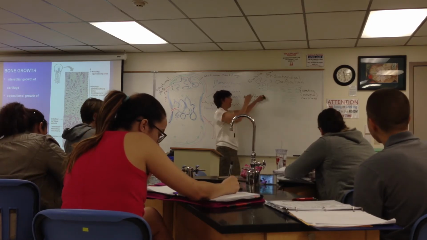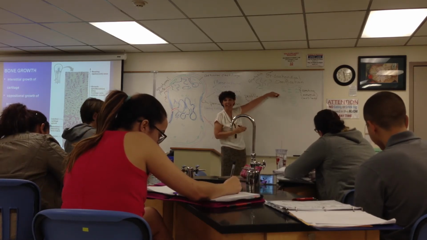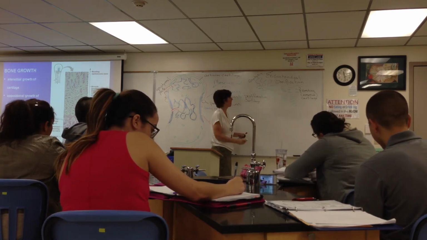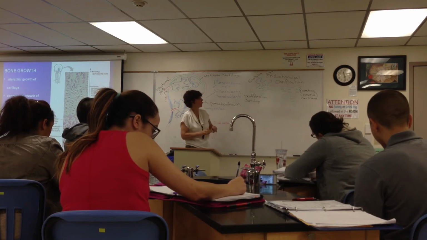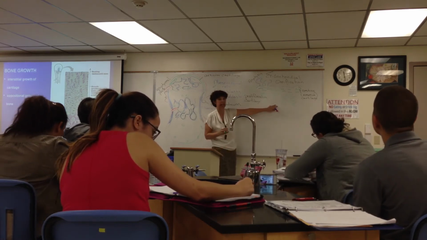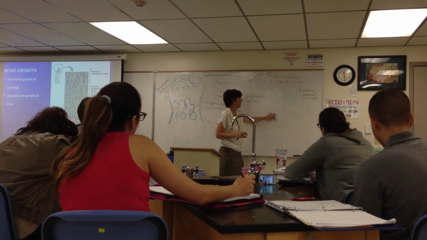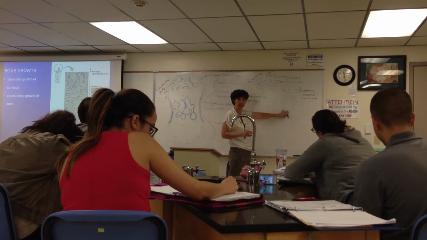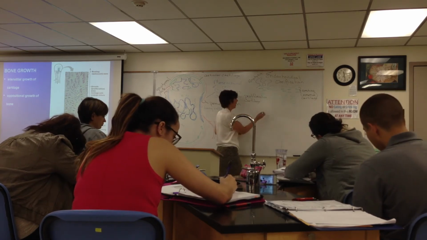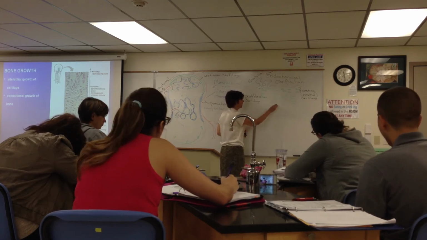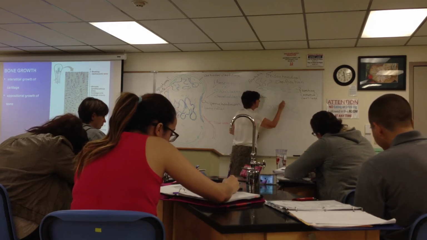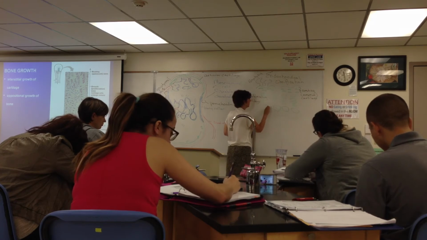So as these proliferate, you can see how they would push that reserve zone away from the other end of the bone. And then there are cells down here that used to be the zone of proliferation, but now they're older and they're dying, and they're going to become larger. These are still living cells.